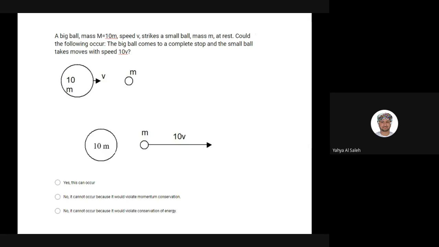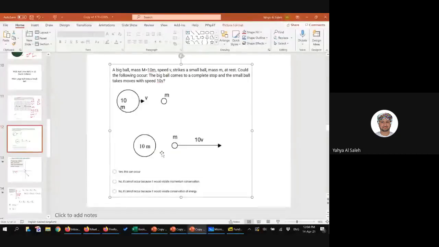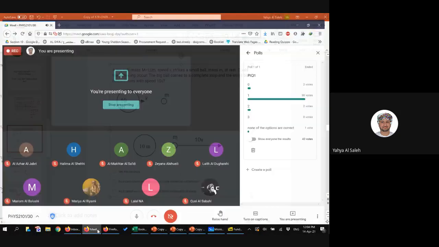Yes. No, because it would violate momentum conservation. No, because it would violate conservation of energy.